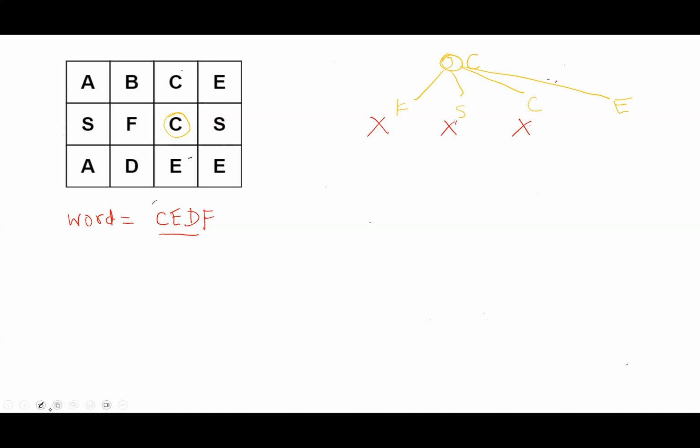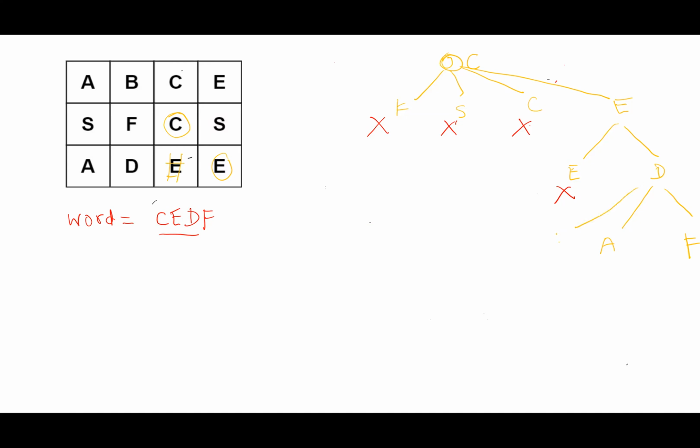From E, we can go down further. From E, we can again go to E, and then we can go to D. This one will be a mismatch, so we don't go further down there. From D, we can go to A, then we can go to F. We cannot go back to E because E is already visited, so it will be transformed like this.